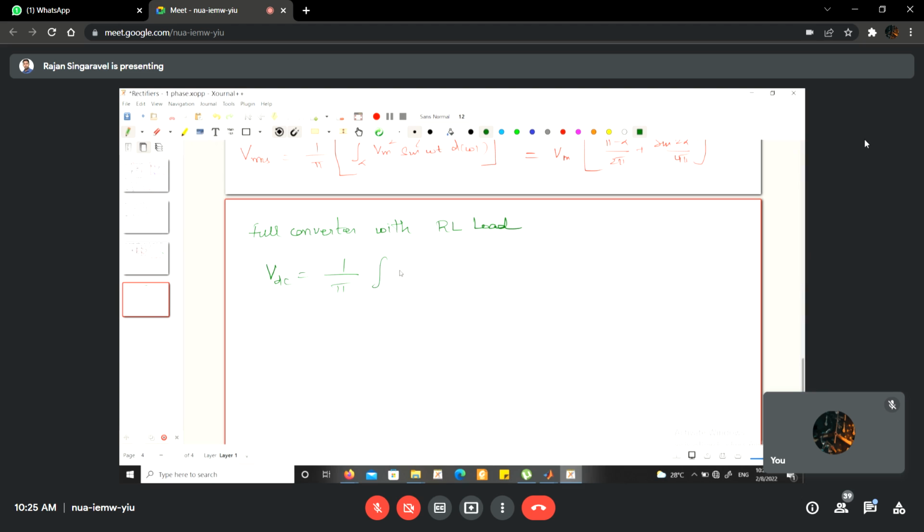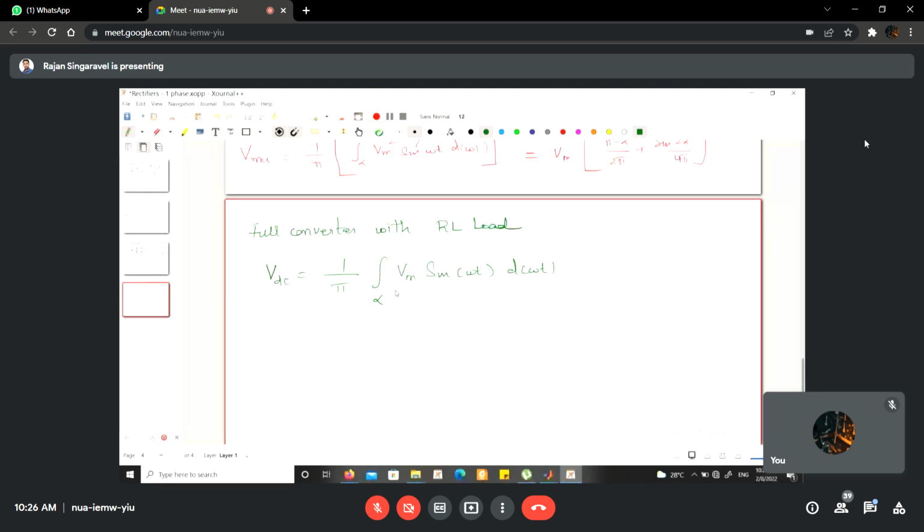So the inside of the equation is the same: Vm sine omega t d of omega t. The only difference is in the limit, obviously the starting limit is alpha. There is no doubt in that. But for the previous condition, don't assume this condition.